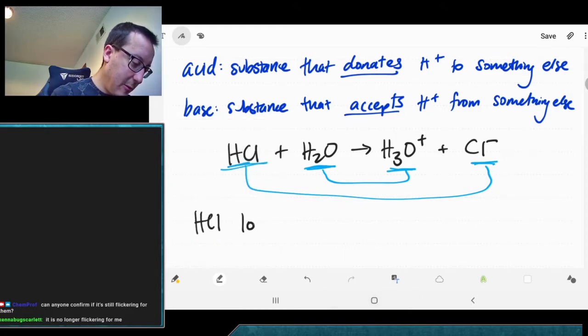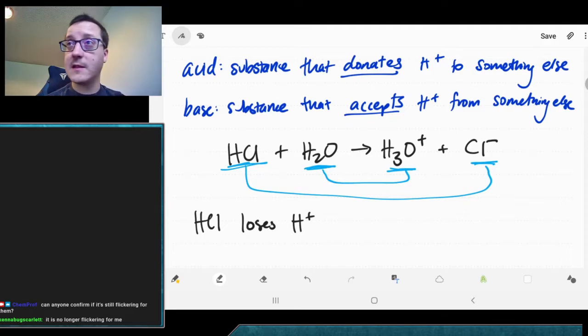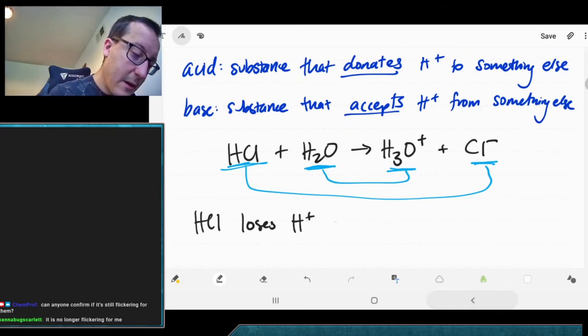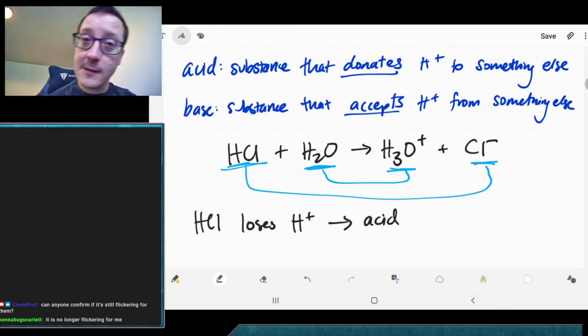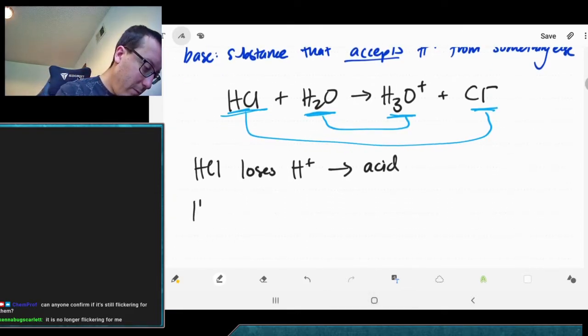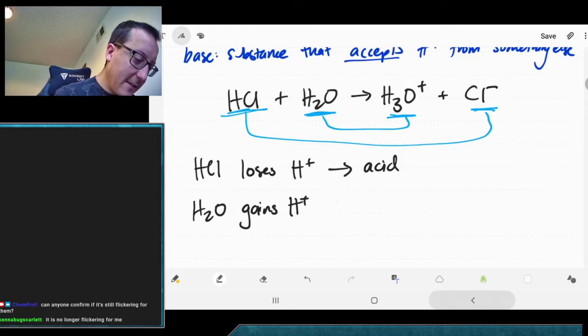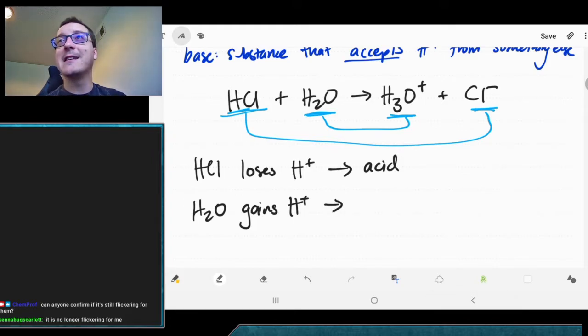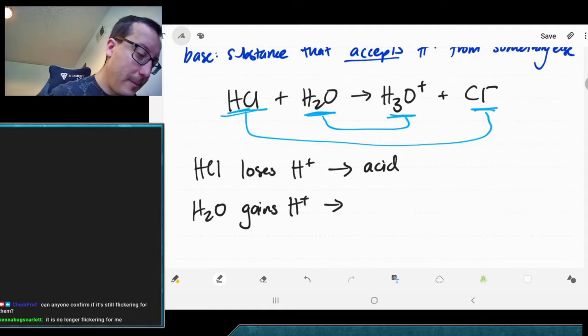Over the course of the reaction, we see that HCl loses H plus. It becomes Cl minus, so it's lost its H. Therefore, we're going to call it the acid. It has donated its H plus to something else. And so HCl will be our acid, which we probably already knew because its name is hydrochloric acid. We do see that water gains a proton, meaning it has accepted it from the HCl.